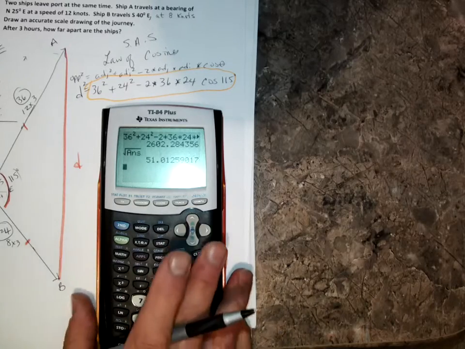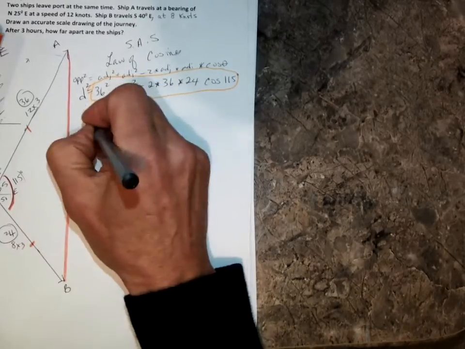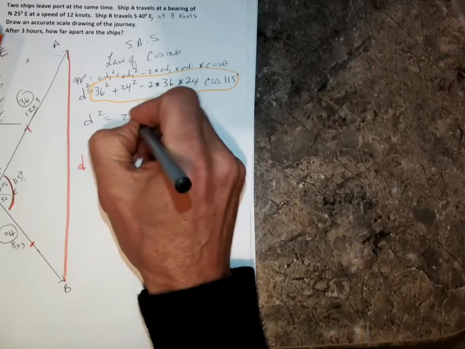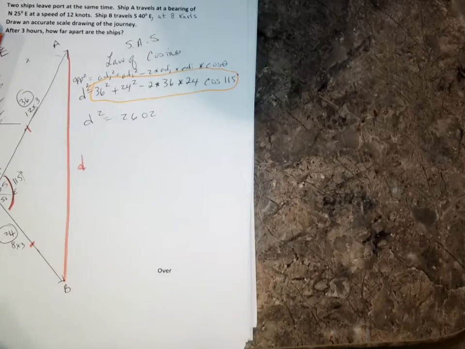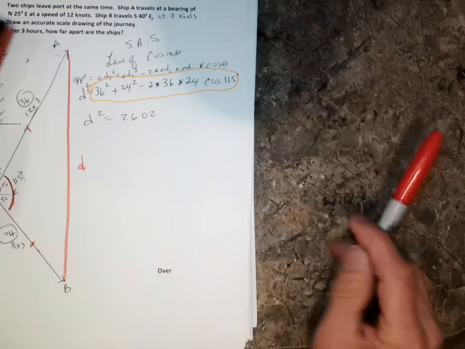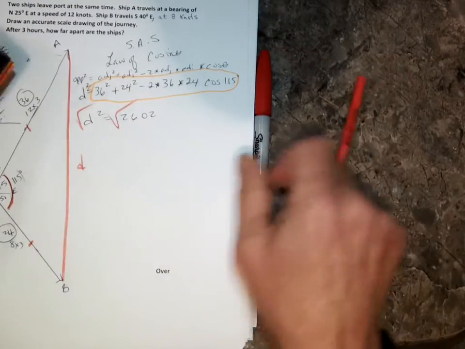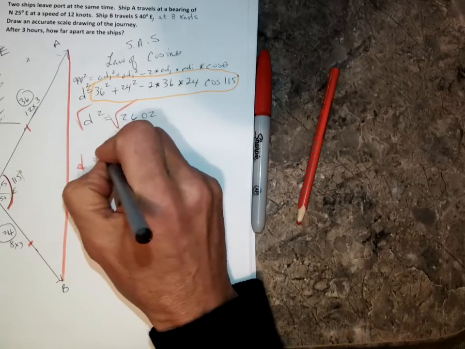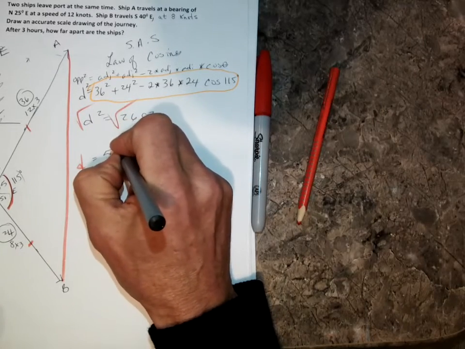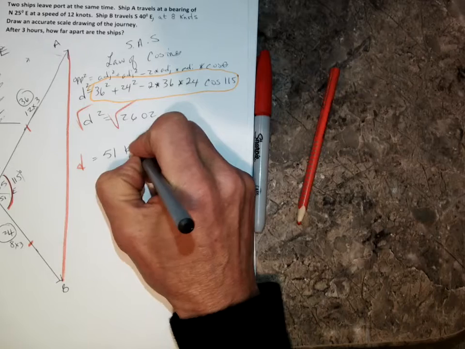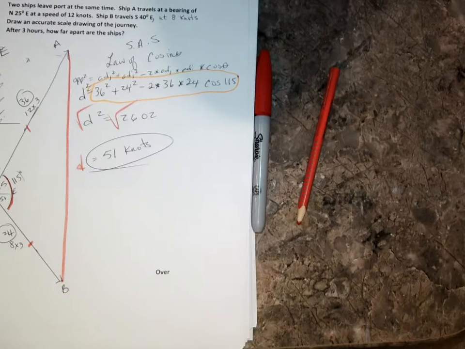I get about 51. So I had d squared equals 2,602, but I took the square root of both sides, right? Square root, and then I got it to be about 51. Okay, there you go. 51, and that would be in terms of knots. All right, no problem.